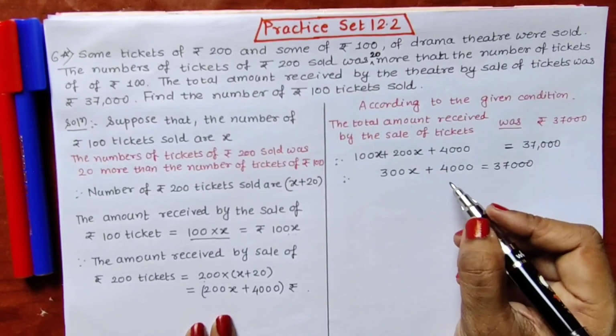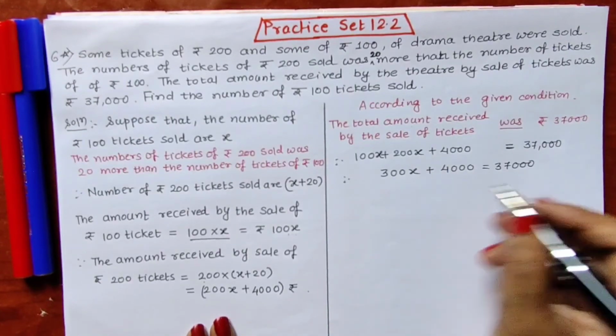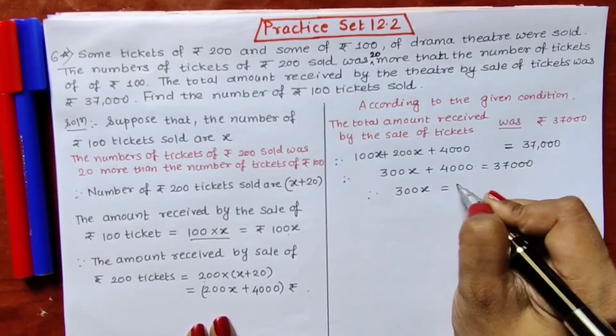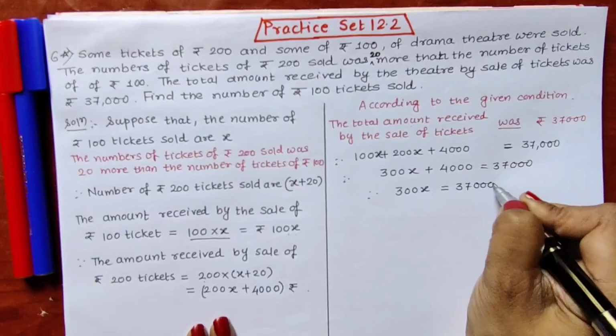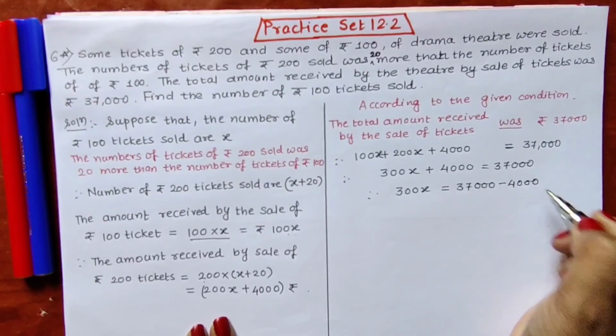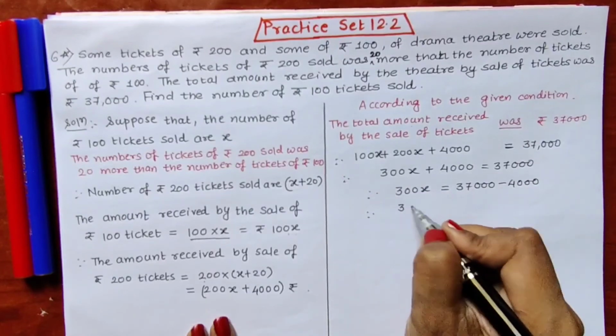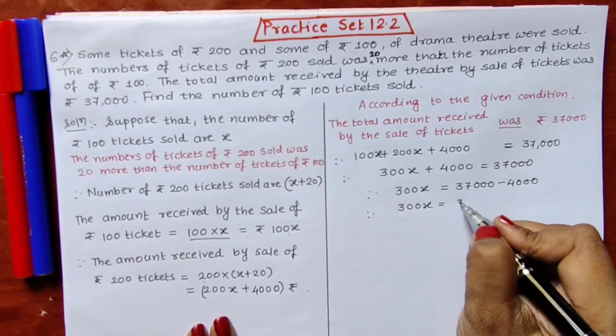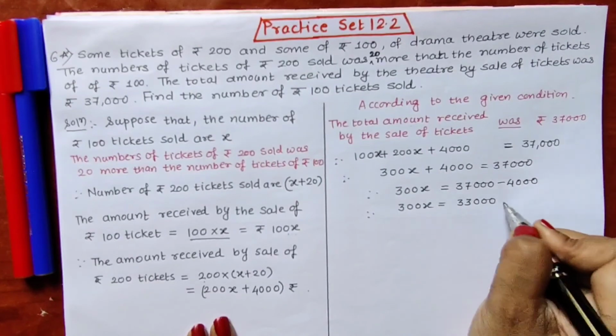Now this plus 4,000 we can transfer from left to right. 300x as it is, 37,000 as it is, and plus 4,000 will become minus 4,000. Therefore 300x is equal to 37,000 minus 4,000, which is 33,000.